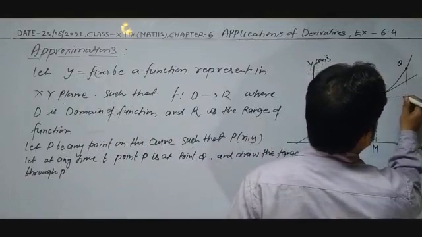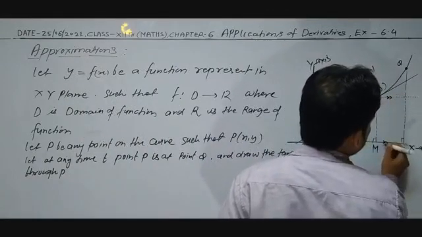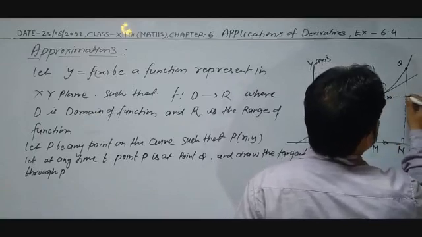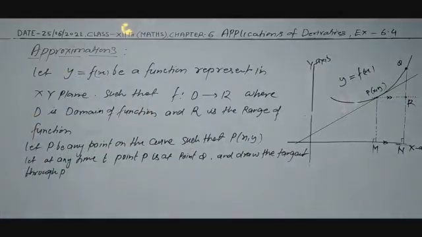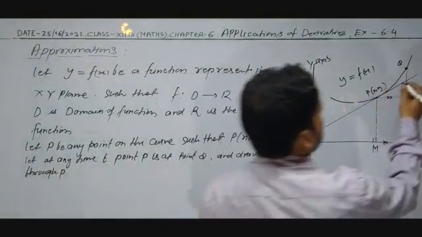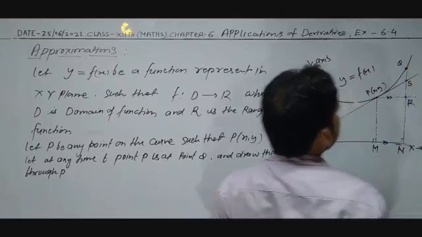Consider this is the point R, and suppose this is point S. The tangent cuts QN at a point S.